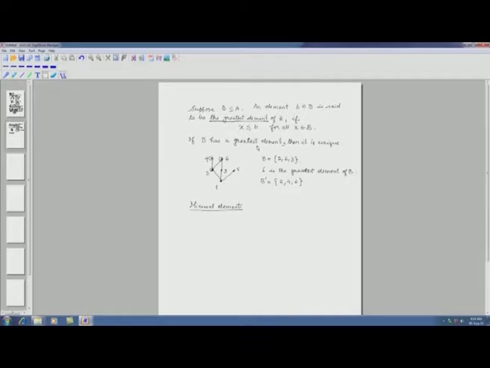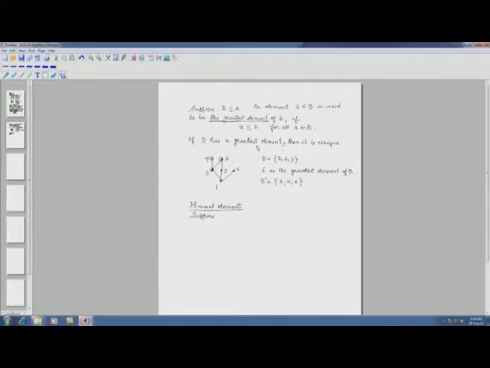Now, in a partially ordered set A, a subset B has a minimal element if there is an element small b in that subset which does not dominate any other element in that subset. Now, let me write down the definition.